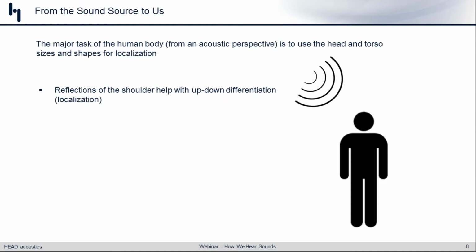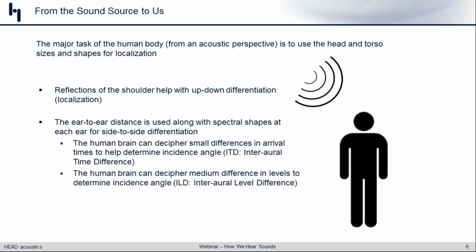And our brains are using that acoustic information to help us differentiate between sounds out in free space. Likewise, the ear-to-ear distance, along with some of those spectral shapes and changes that will occur at each ear, helps us localize sound in terms of angles to either side.